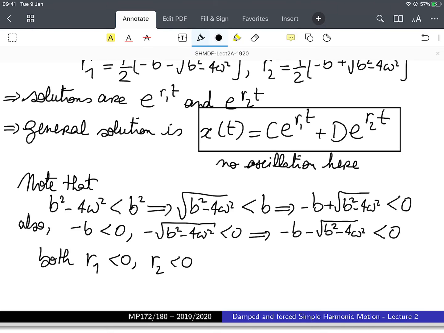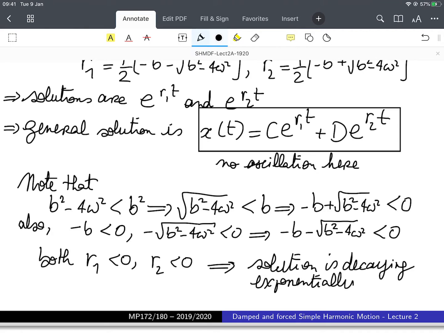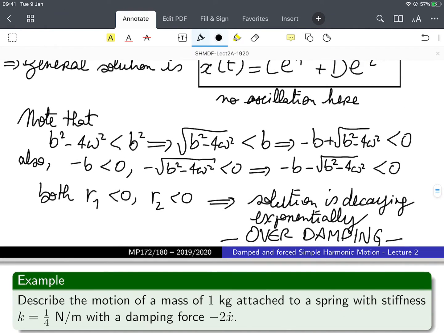It's not an exponential growth, it's an exponential decay. Decaying exponentially. That's what you call overdamping. The damping is so strong that there's no oscillations at all.